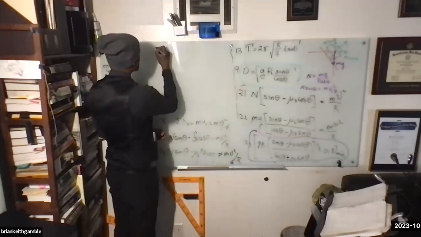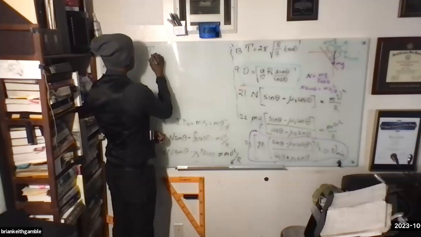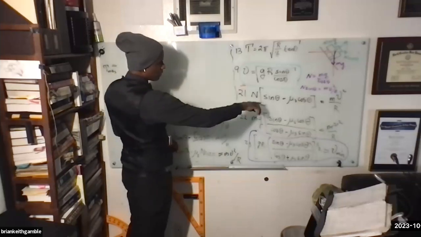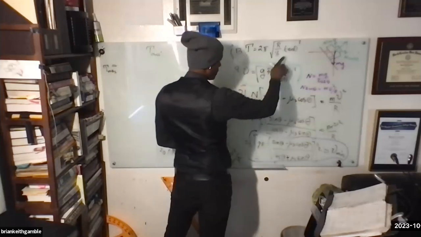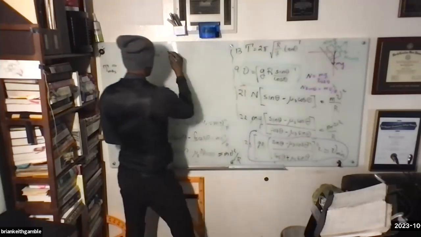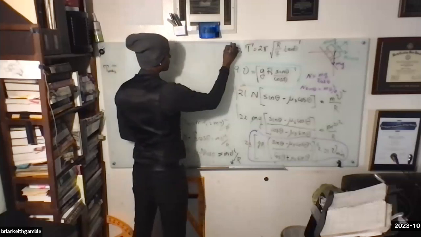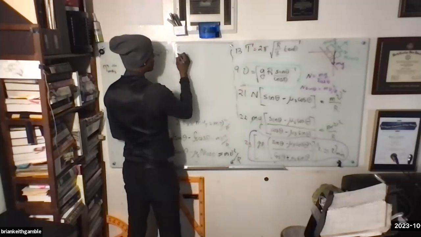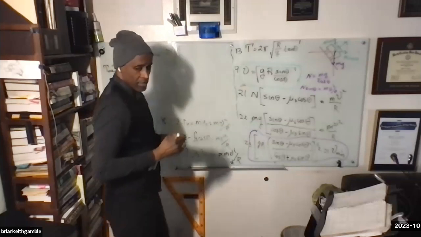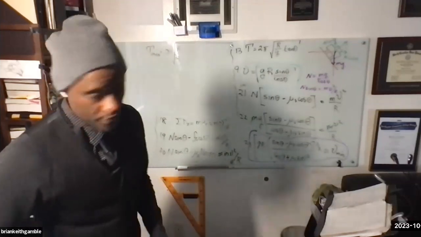So T max is going to be, and you still get this 2 pi RG thing. So 2 pi times the square root of, and we'll have an RG in there just based on how I manipulated it before. So you can do that same thing.